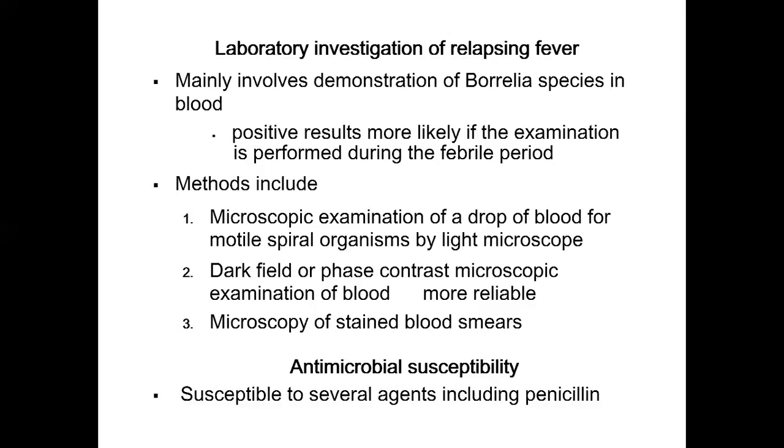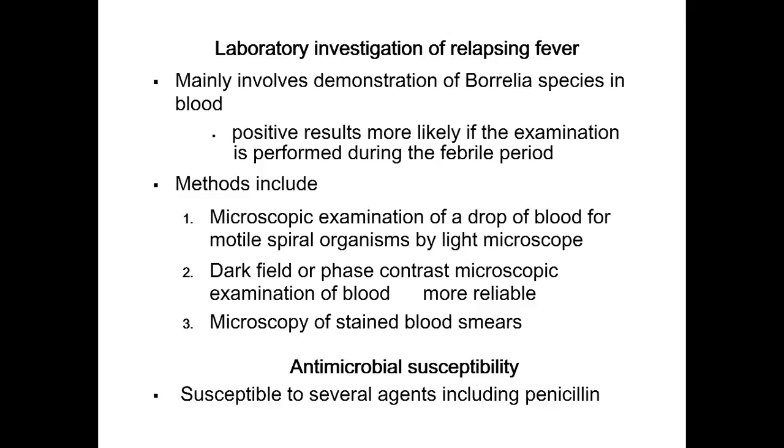Secondly, dark field or phase contrast microscope can be used. We explained the dark field, but the phase contrast also operates in the same way. It has its unique condenser that limits the light and focuses more on the light from the organism that enables one to see that organism.